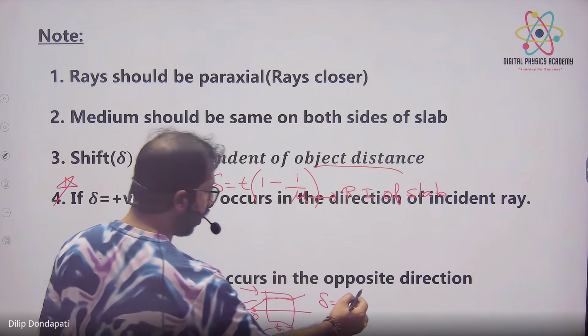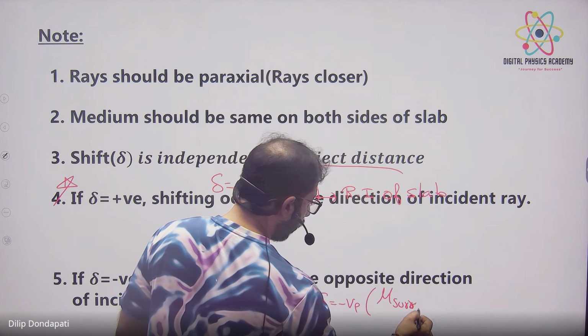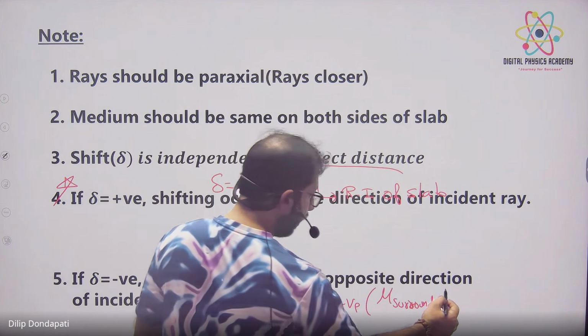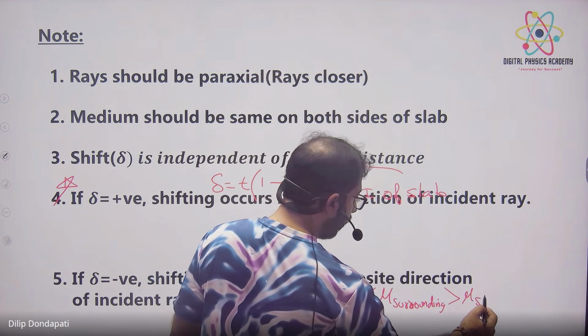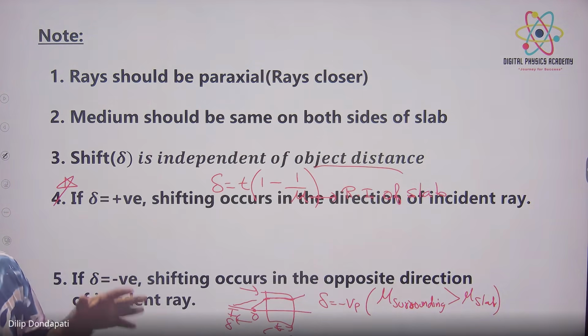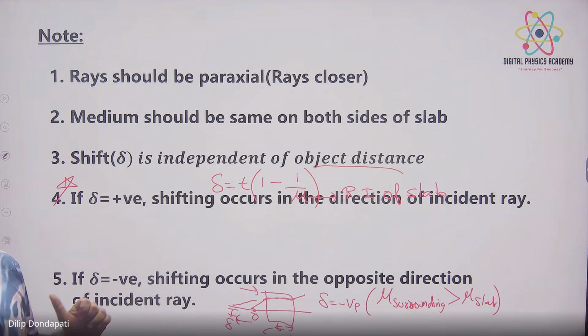When the mu of the surrounding is greater than the mu of the slab. If the outside is greater than the slab, the shift will be negative, backward, behind the incident ray.